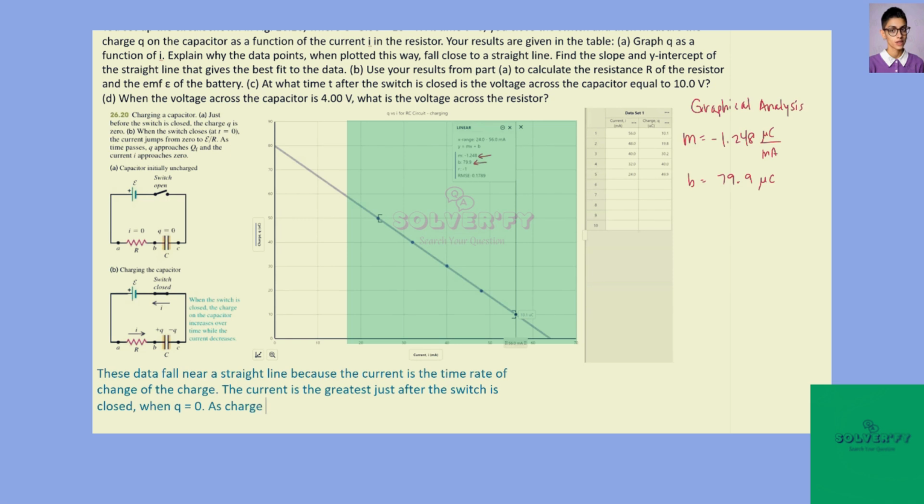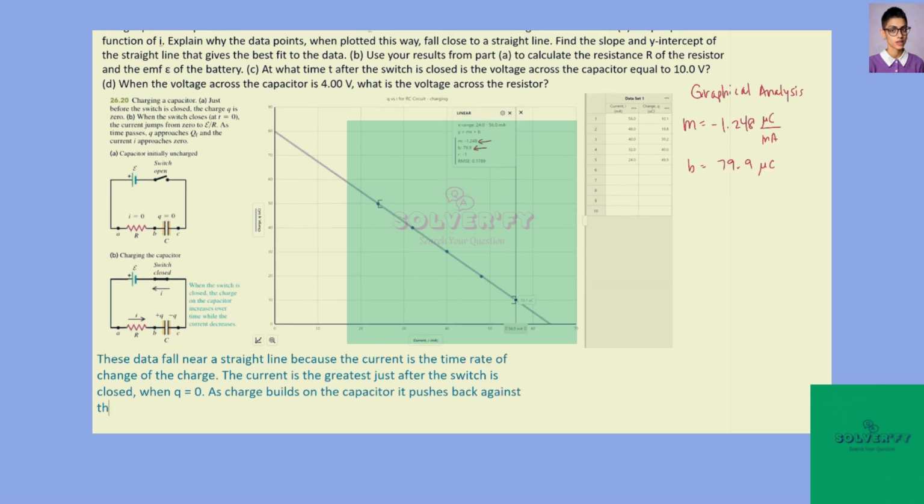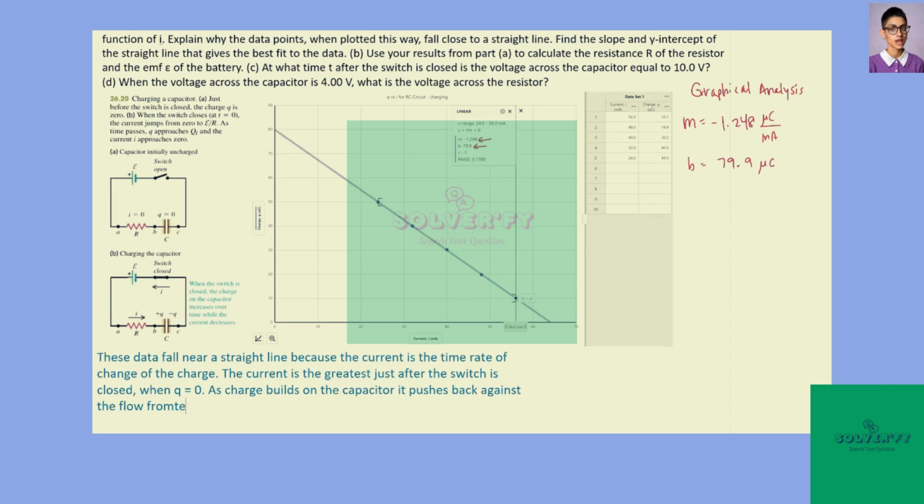And as charge builds on the capacitor, it pushes back against the flow from the battery, and the current decreases.